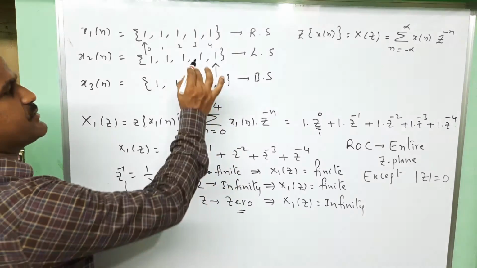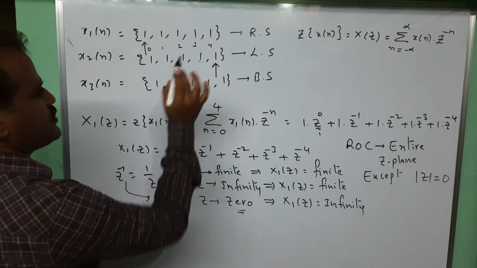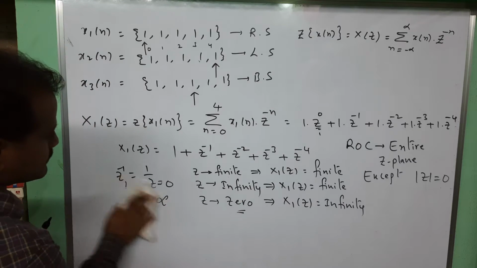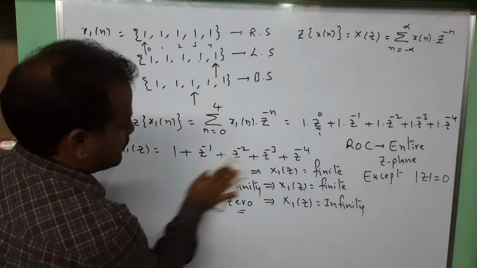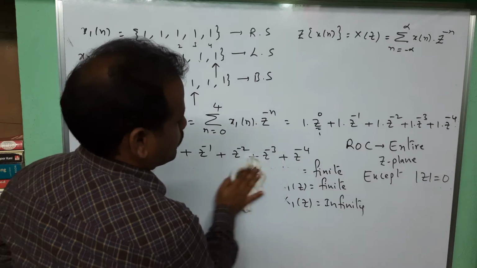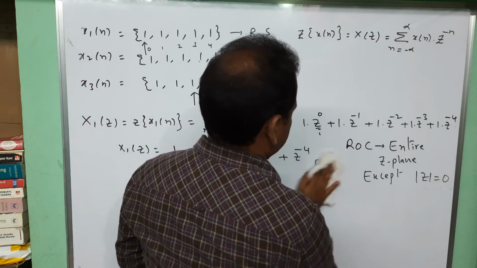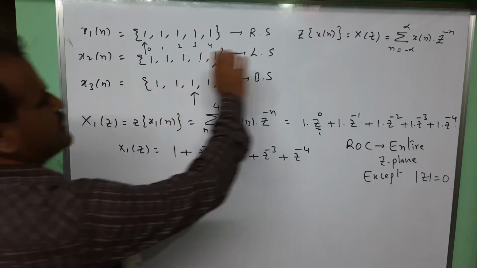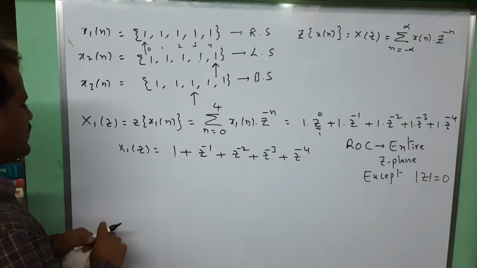Next, similarly, let us find the z transform and ROC of x2 of n here. I am erasing this one. Consider x2 of n here. Let us apply the z transform formula for this signal.